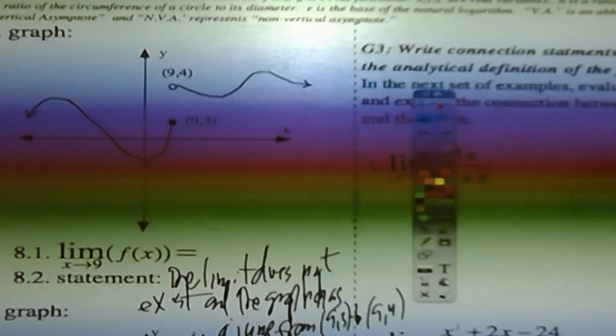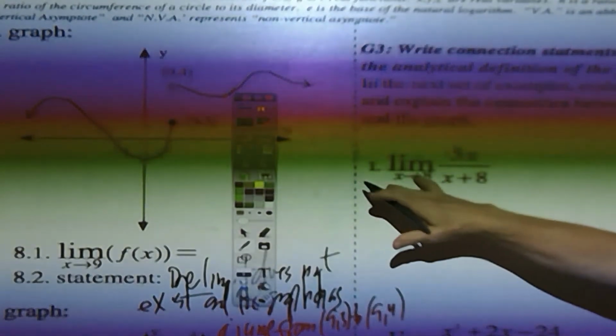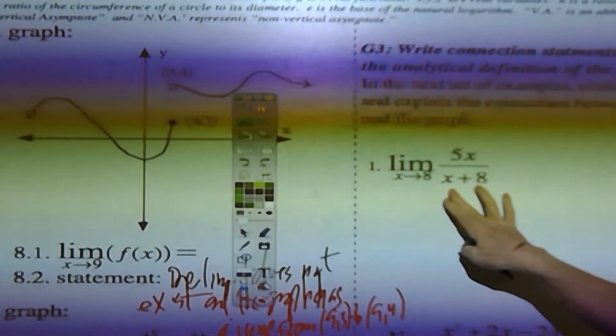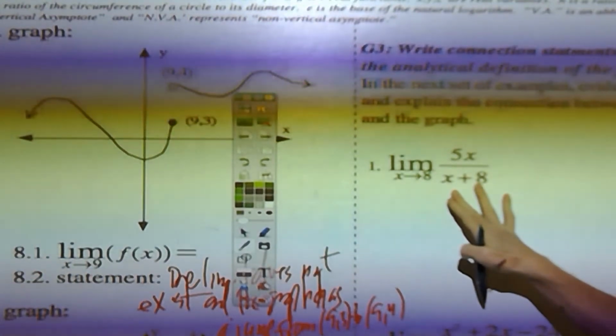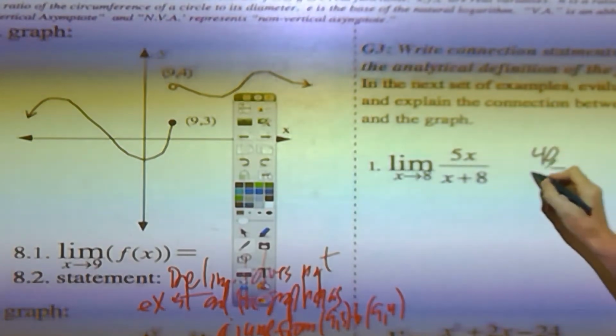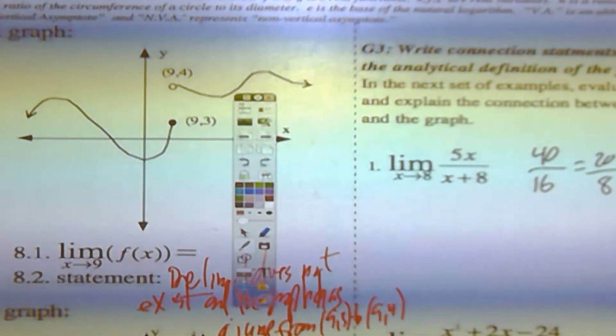What's more important for the limited time that we have left is, what if they don't give you the graph? Here, to find the limit as x approaches 8: at -8 there's a vertical asymptote, but at +8 there's nothing fancy going on, it's just continuous. So 5 times 8 is 40 over 16, that reduces to 20 over 8, 10 over 4, 5 over 2.